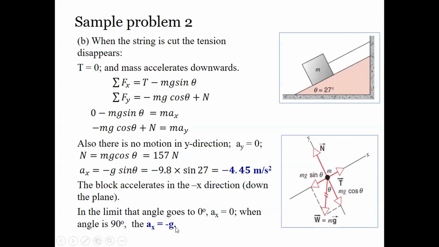It will be a body which is free falling downward, and it will have only the gravitational acceleration. So it will become minus g. So the answers are consistent with reality, and so it is a physically realizable answer. Therefore, we have proceeded nicely and the problem has been solved.